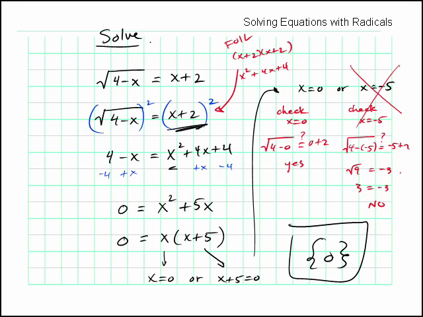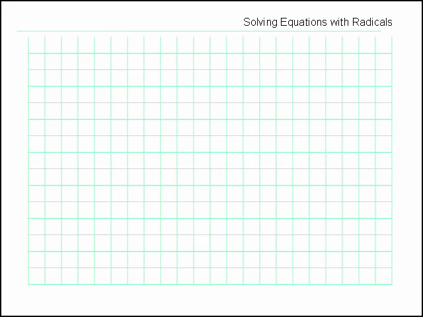Let's look at another one very similar to this problem. Solve square root of 3x minus 5 equals x minus 1. Okay, the radical is by itself, so I'm going to square both sides.